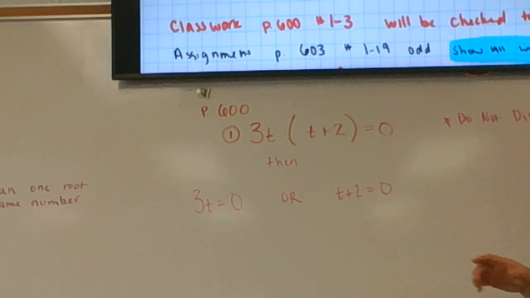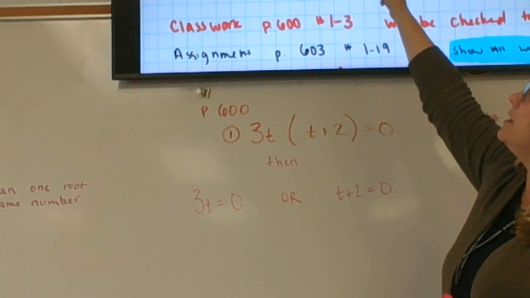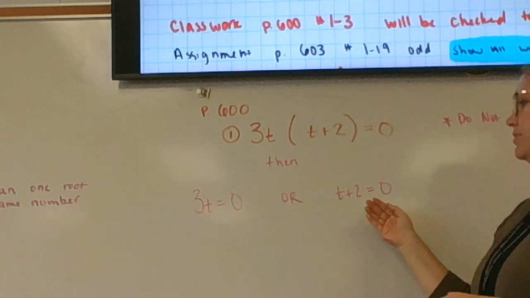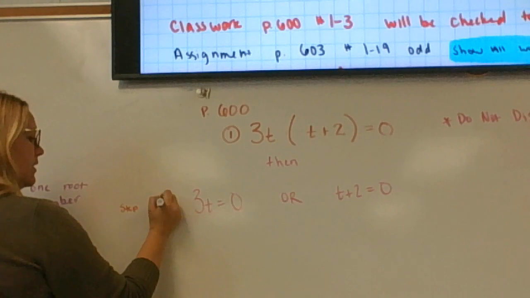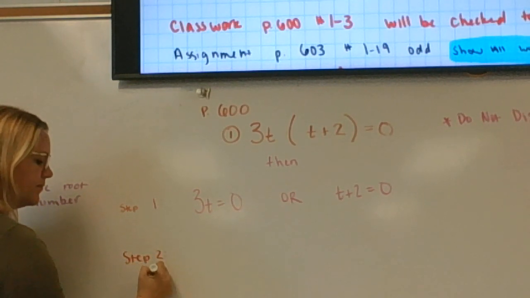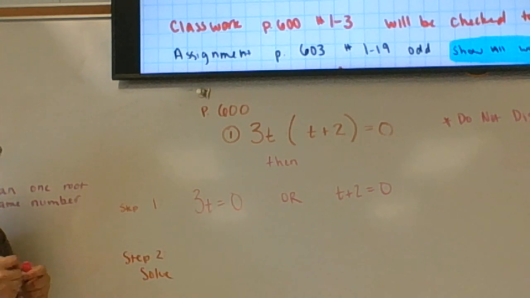Okay, so I'm on step 2. So I set each part equal to 0. I put the first part equal to 0. I put the second part equal to 0. This was step 1. And now step 2, I actually solve them. So now this is just like a little equation that we've solved before.